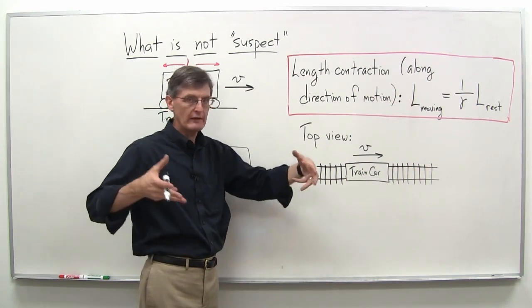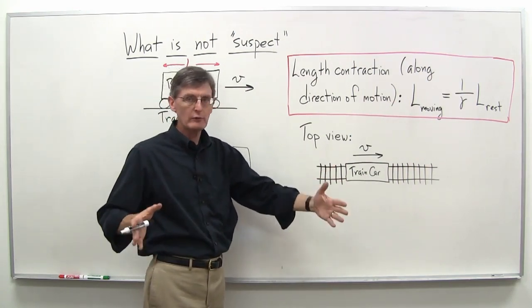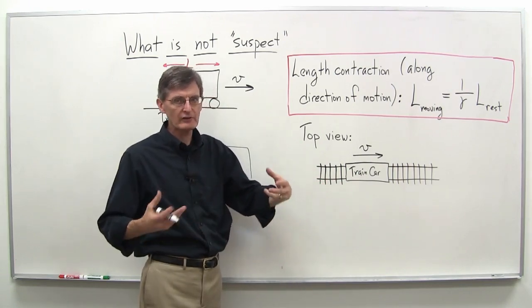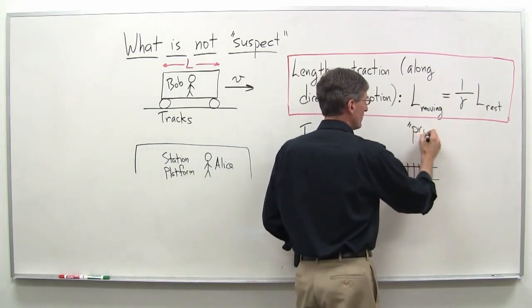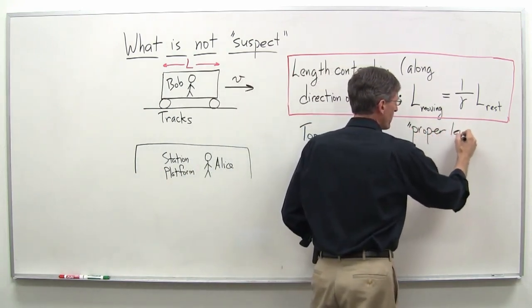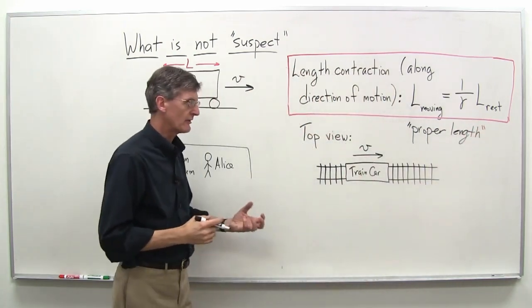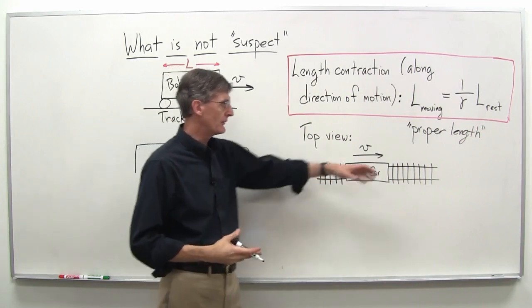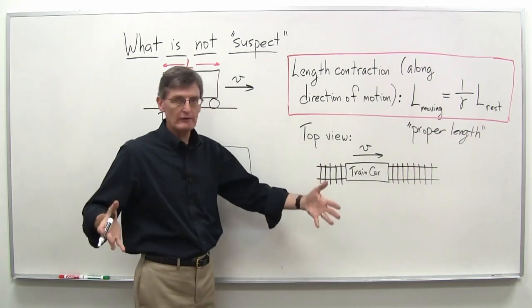Or if somebody is on that object, a spaceship or a train car or something like that, they will measure one length for it, the rest length, sometimes actually called the proper length. It's not the greatest term because it sounds like that's the correct length and everything else is incorrect. But the proper length, or perhaps rest length, is the length of an object while it's at rest.